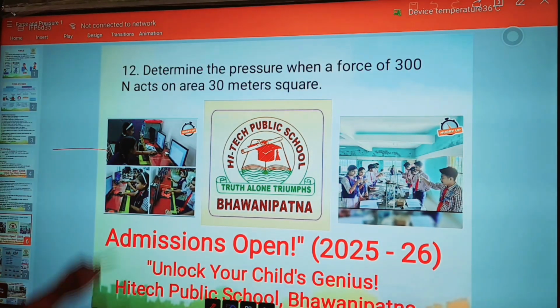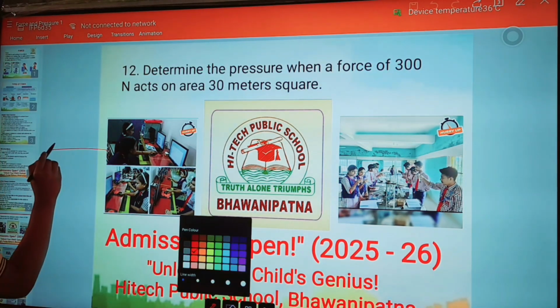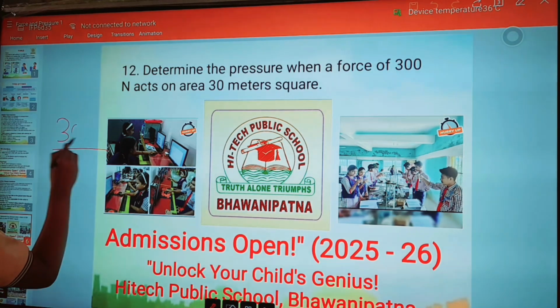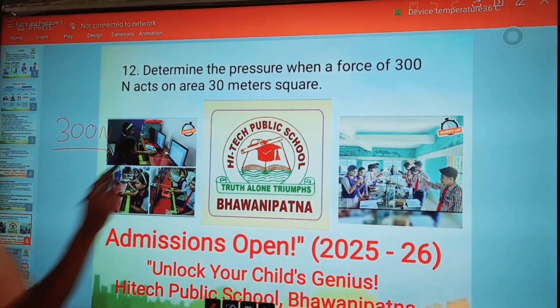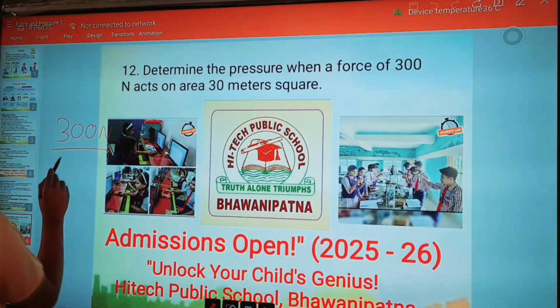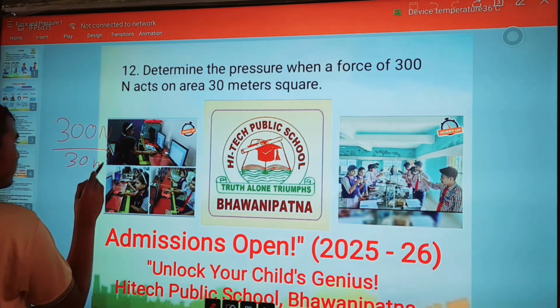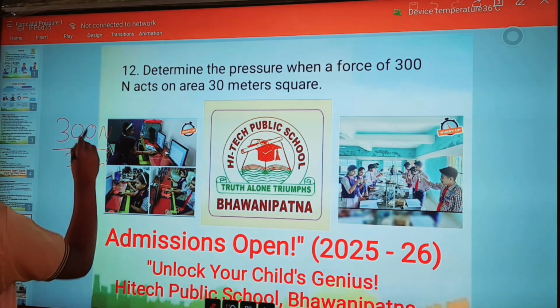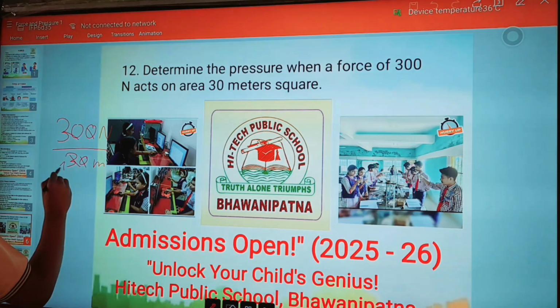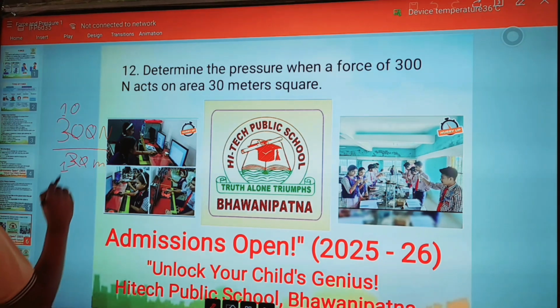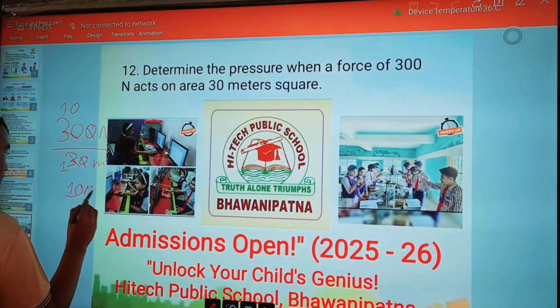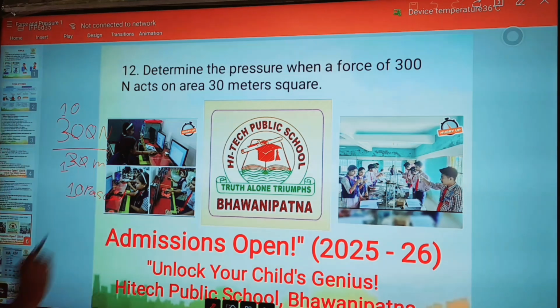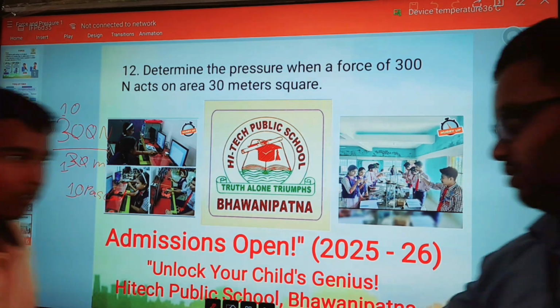Write properly. 300 Newton and the area is 30 meter square. That means this will be 10 Pascal. Very good. 10 Pascal is the correct answer.